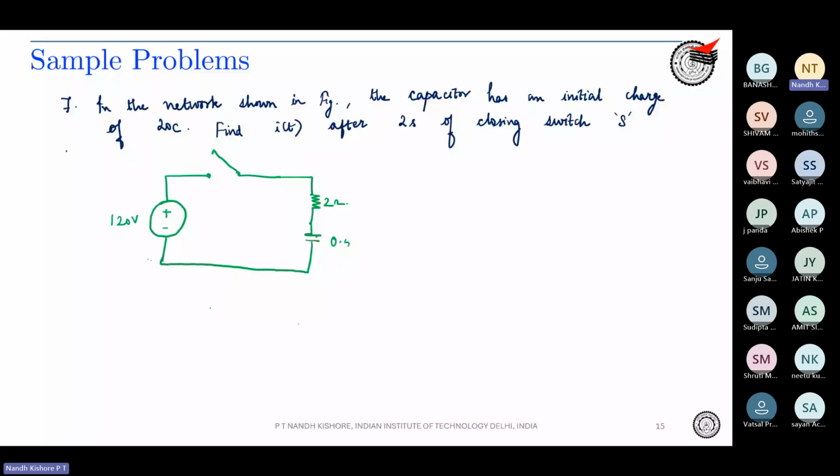This is the switch S, and I'm closing the switch. There is also some charge across the capacitor. Find i(t) 2 seconds after closing the switch.